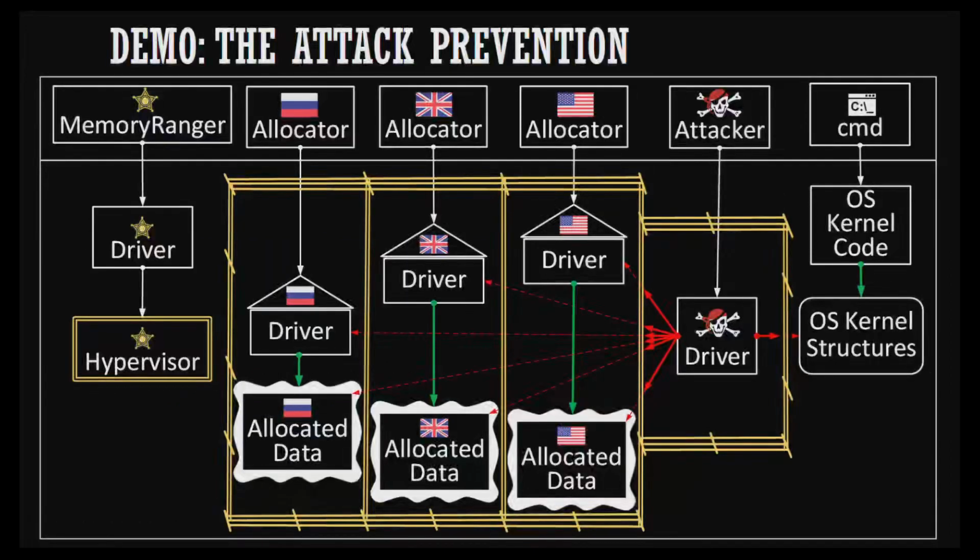So you've just seen kernel mode drivers with a small fence. You've just seen that MemoryRanger prevents illegal memory access by running drivers in isolated kernel spaces or enclosures. Let's have a look at memory access rules which are provided by MemoryRanger.